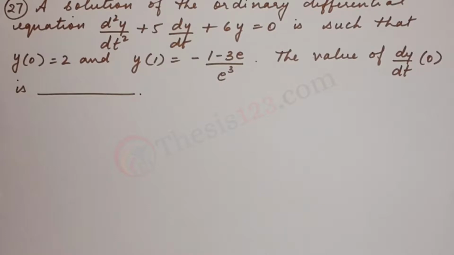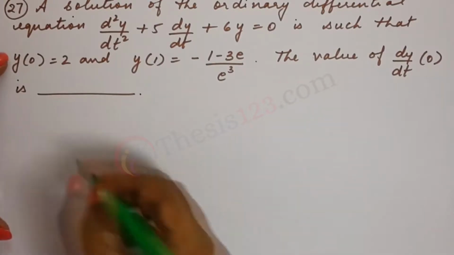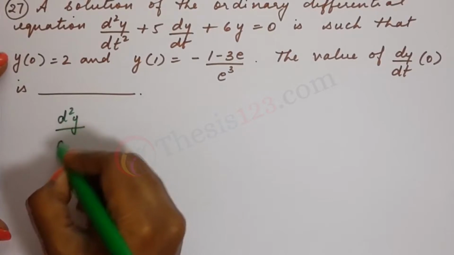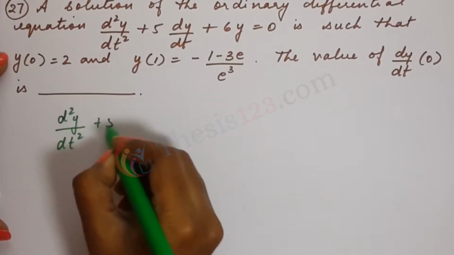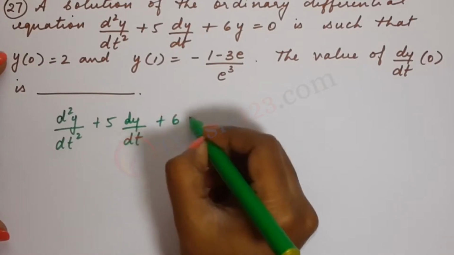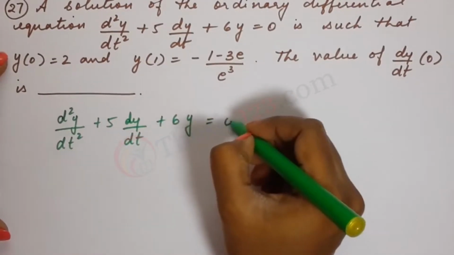So we start by writing the given differential equation in the auxiliary equation form. We have d²y/dt² + 5 dy/dt + 6y = 0.